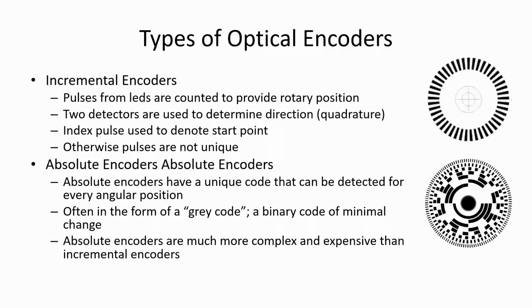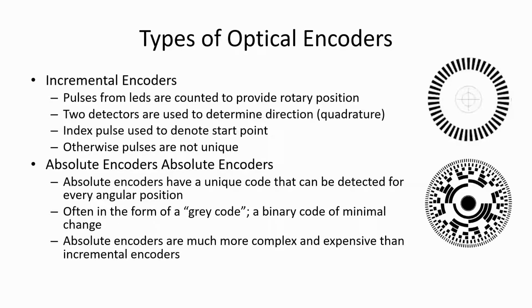The encoded output will be in the form of a gray code. These encoders are a little more complex and expensive than incremental encoders because they need more detectors.